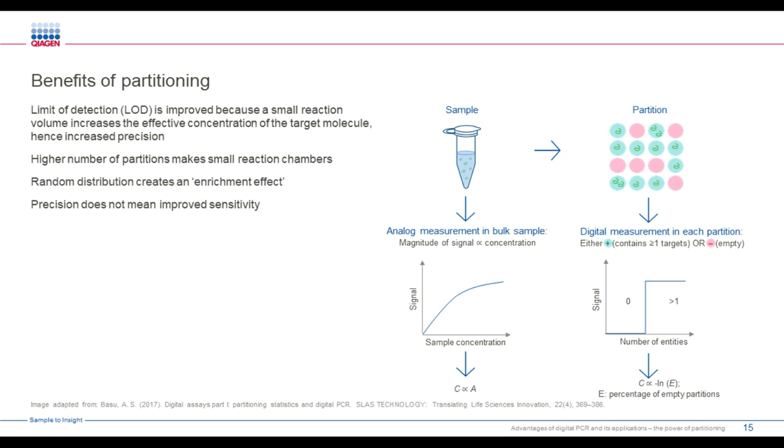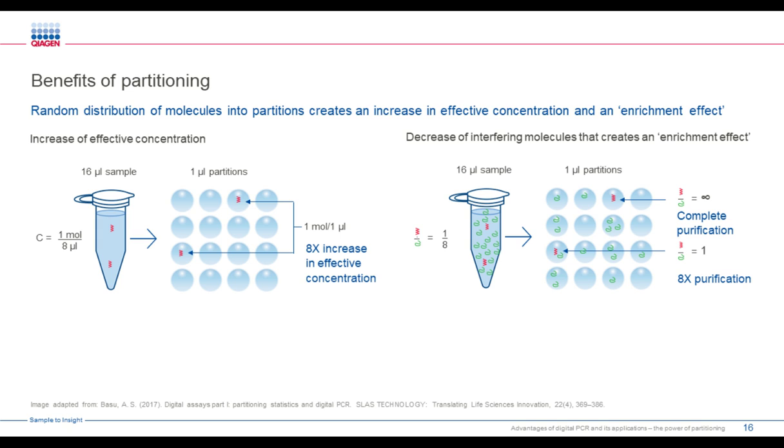It means we can amplify one target molecule, but so can a qPCR, so can endpoint PCR. The benefit with this partitioning is that by partitioning, we increase the chance of finding this molecule, which is rare. And therefore, we also have more precision, and this is very crucial.